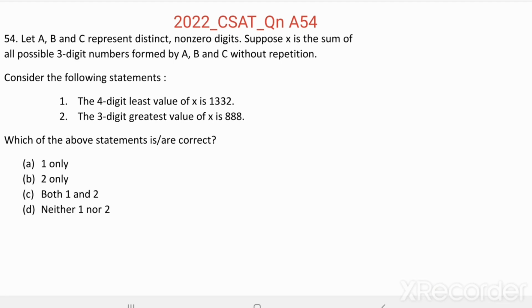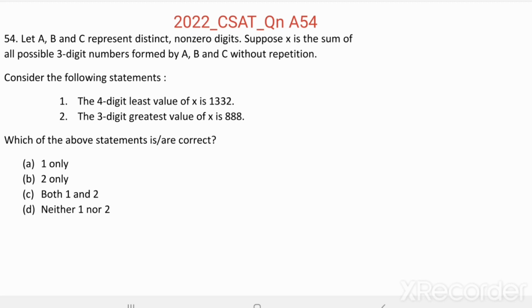Question number 54. Let A, B and C represent distinct non-zero digits. Suppose X is the sum of all possible 3-digit numbers formed by A, B and C without repetition. Consider the following statements. Statement 1. The 4-digit least value of X is 1332.